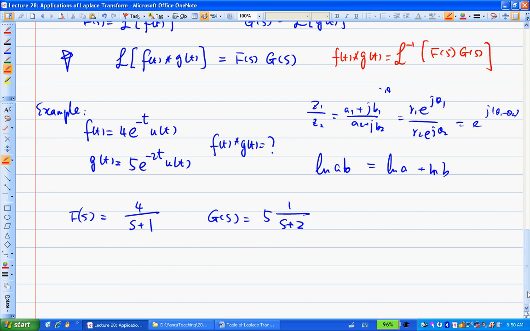So maybe I'll write it down. F of t convolved with g of t equals the inverse Laplace of F of s multiplied by G of s.